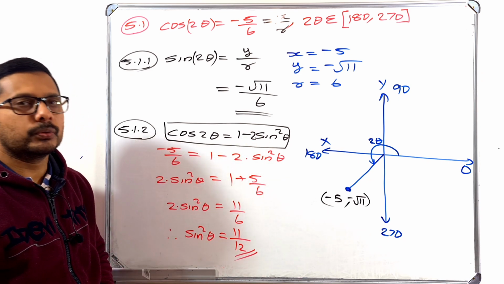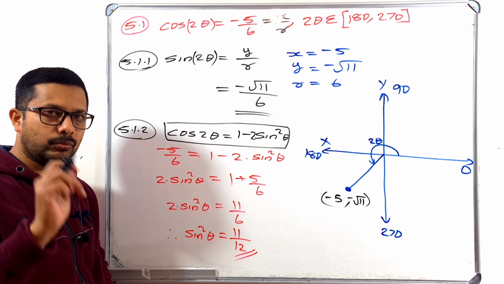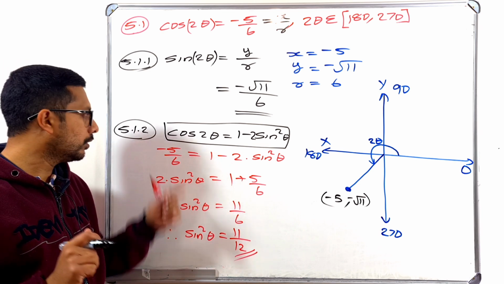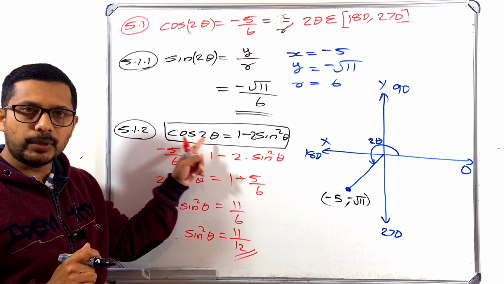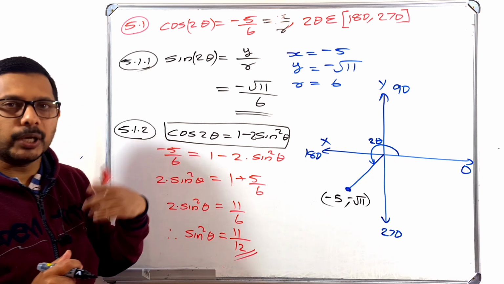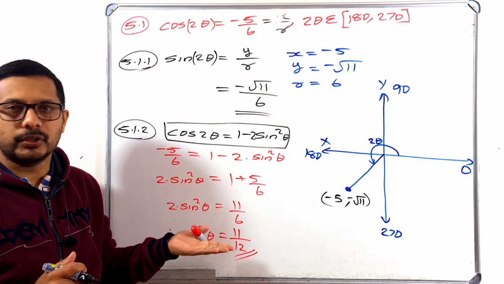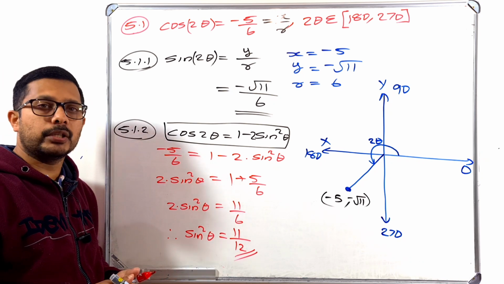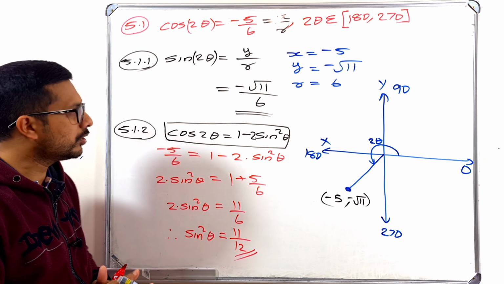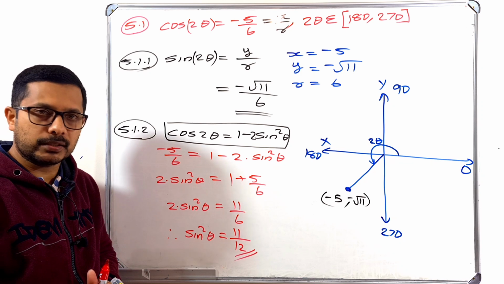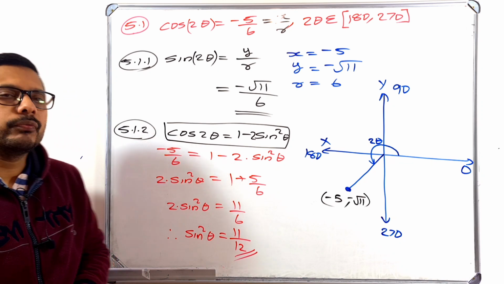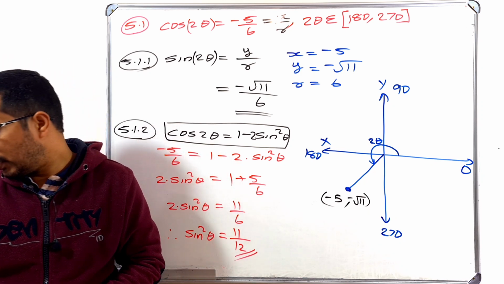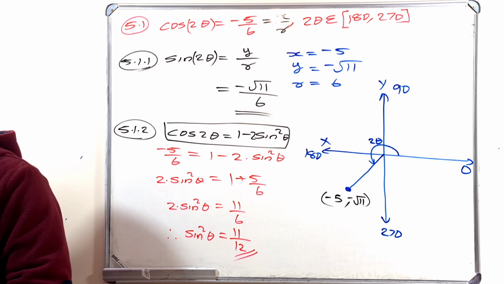So learn by heart all 3 formulas for cos 2 theta, the double angle cos, and by heart the formula for sine 2 theta. We don't know what type of question will come when you write your exam, so it's better to know all those formulas. So that is 5.1.2. Now let's go to the next question, 5.2.